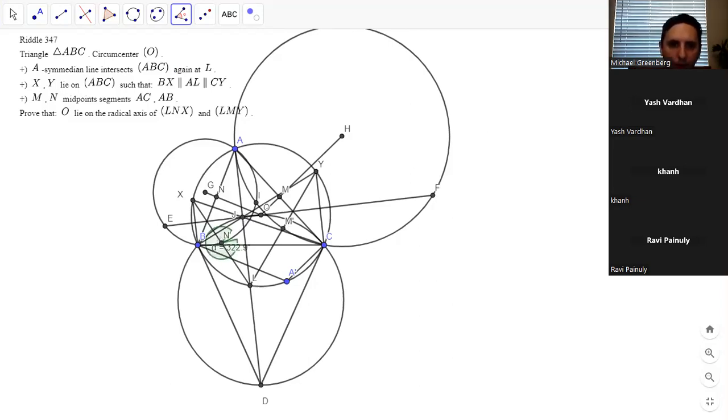Whoops, let me do it the other way. M prime. Which triangles? J N prime M prime and AXY. Oh, yeah, those are similar. And I think it's not that hard to prove.